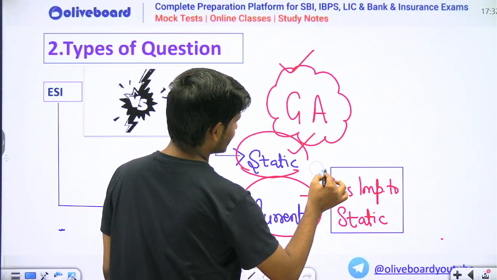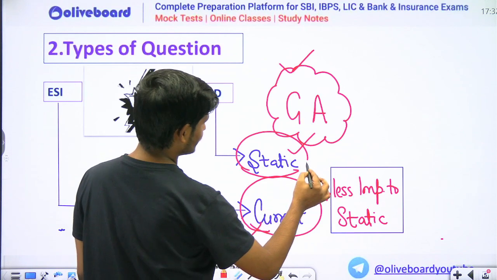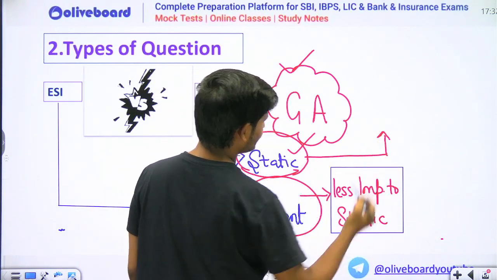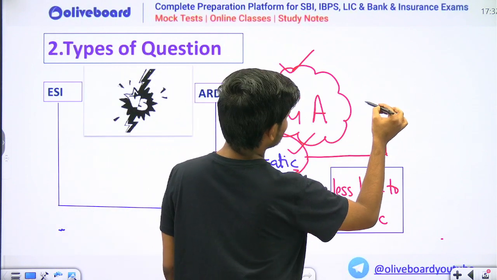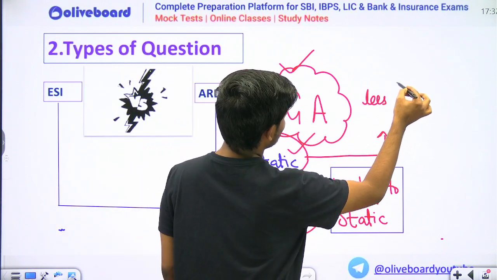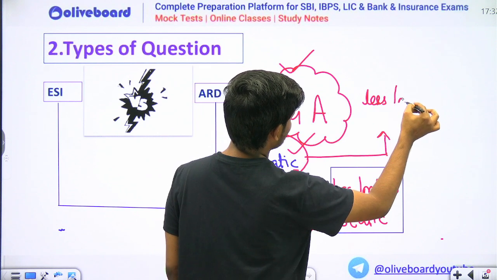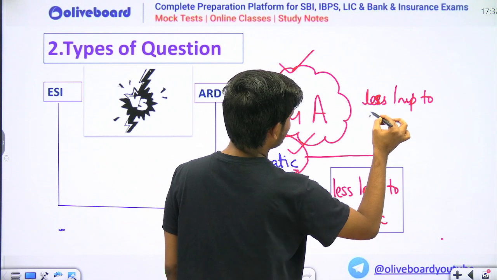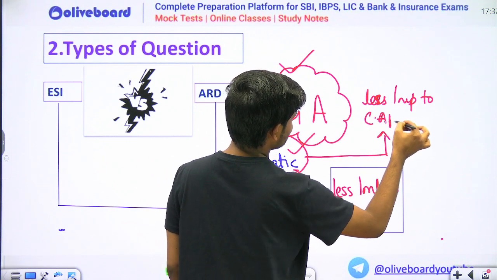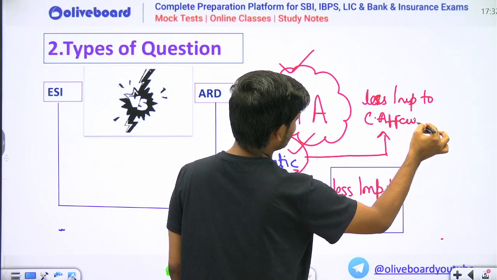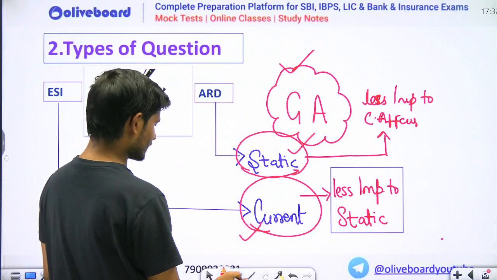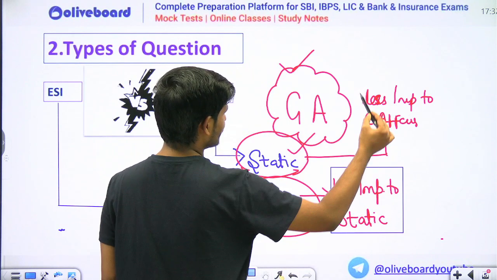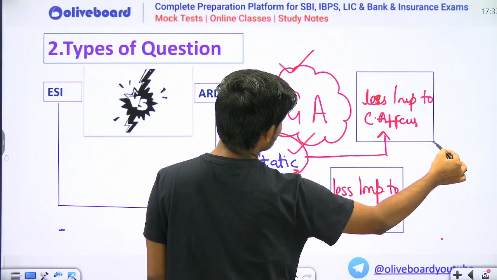So in the case of ARD, you have to give less importance to current affairs. This is the second major cheat code which I am telling you: give less importance to current affairs when it comes to ARD, and give less importance to static when it comes to ESI.